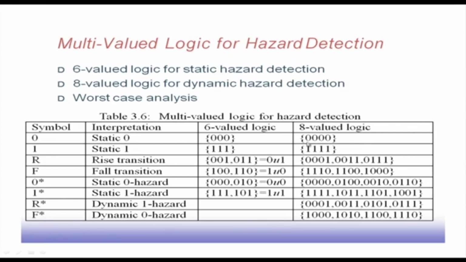So, you have to do bitwise ORing of all of them. Naturally, you will get this falling transition itself, because ORing with 0 will give you the same value. So, all the 3 symbols are to be ORed, and as a result you will get again this particular tuple containing 3 symbols. That means falling transition or static 0. So, that is giving us a falling transition. This way all these symbols have been assigned in such a fashion that the AND, OR and NOT rules work properly.